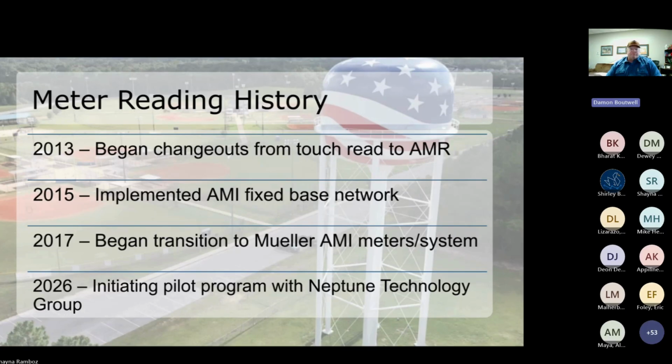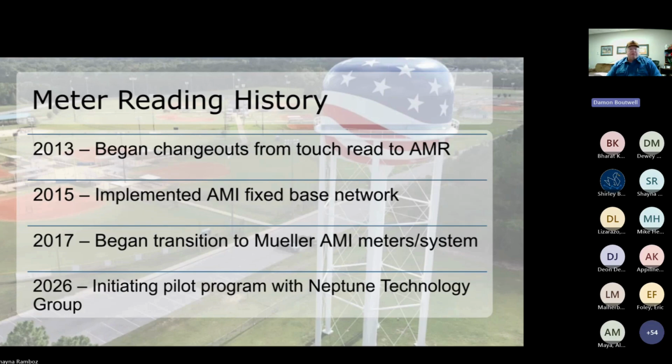We have a lot of older employees that like the older school positive displacement meters. We do use a multitude of others, and I'll get to that in a minute. Actually, we've been running that for almost 10 years now, and we're also now beginning a pilot program with Neptune Technology Group, looking at their AMI system as well.